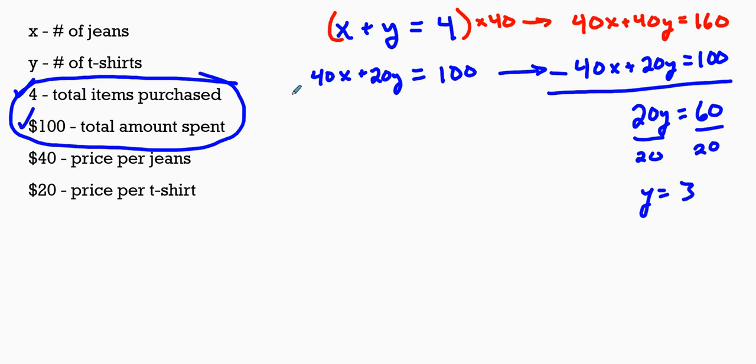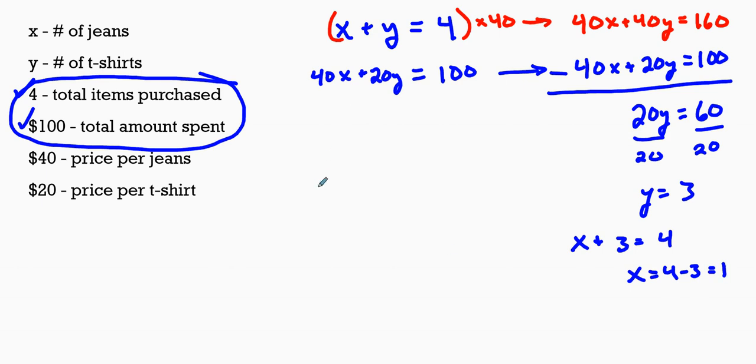I know that he bought 3 t-shirts. I still have to figure out how many pairs of jeans he bought, but now that I know that y is equal to 3, I can take that top equation, x plus 3 equals 4, so x is going to equal 4 minus 3, or 1.